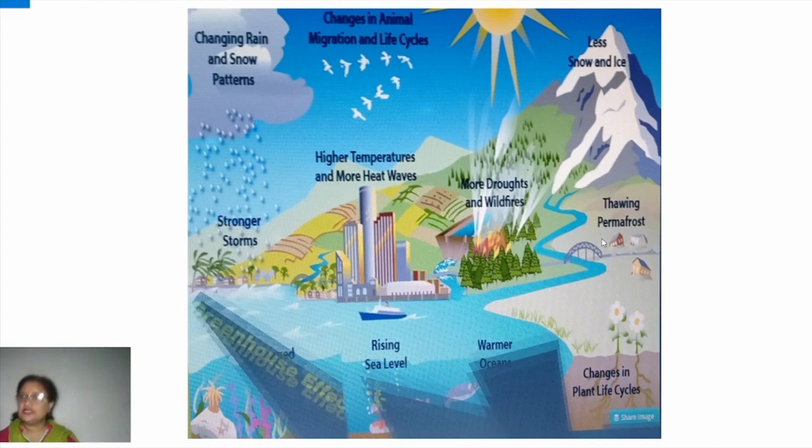Several species of animals and birds and plants which are able to adapt themselves according to these changing conditions will be able to survive. But many times the species are not able to adapt themselves, or they are not able to migrate from there. They are going to die, so they are going to become totally extinct.